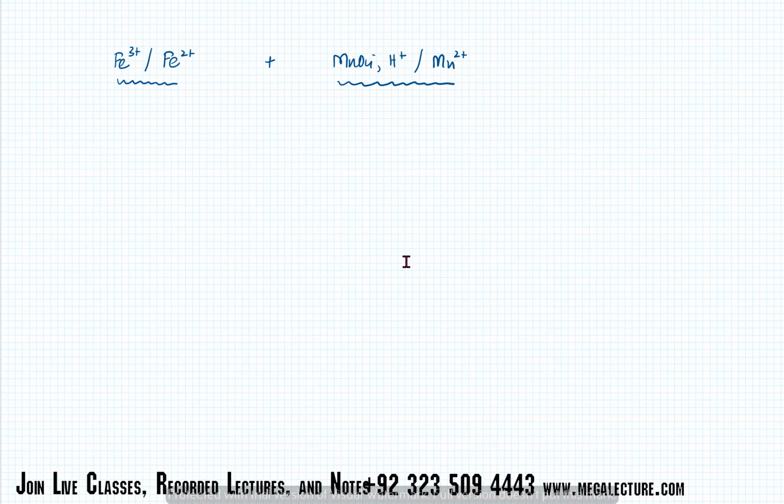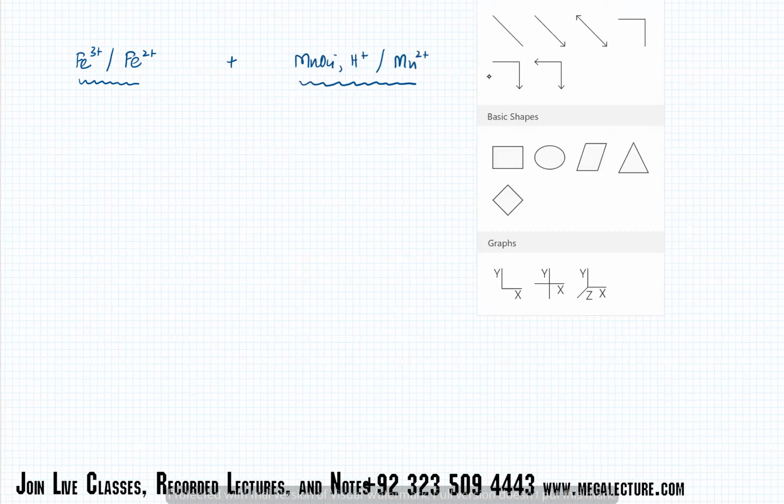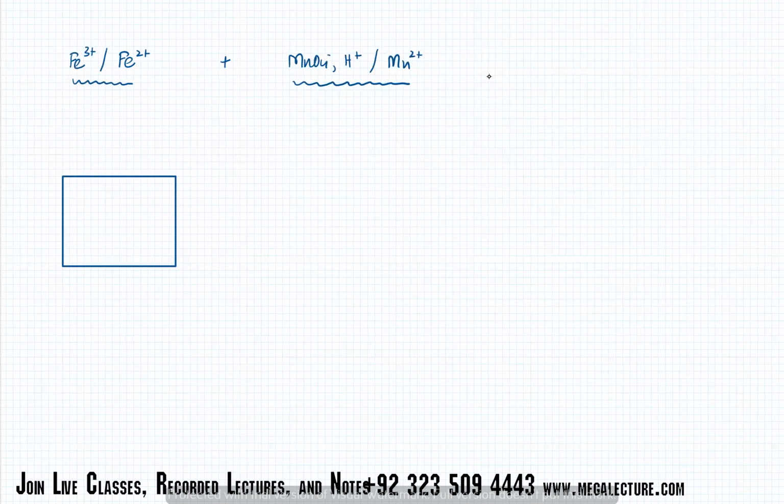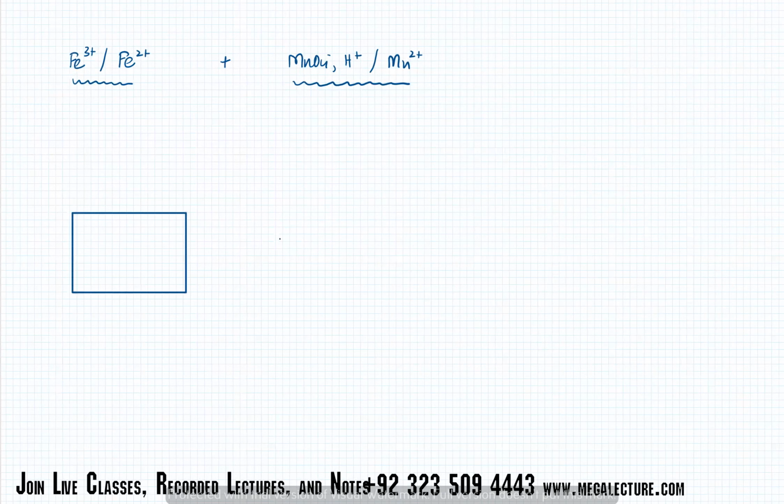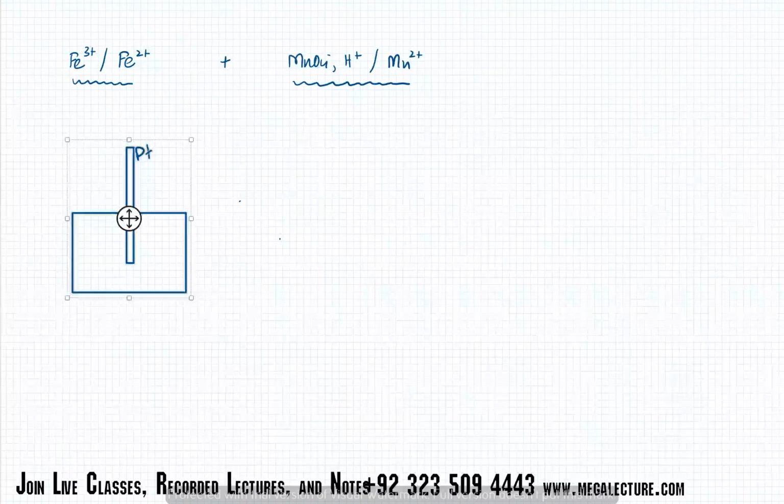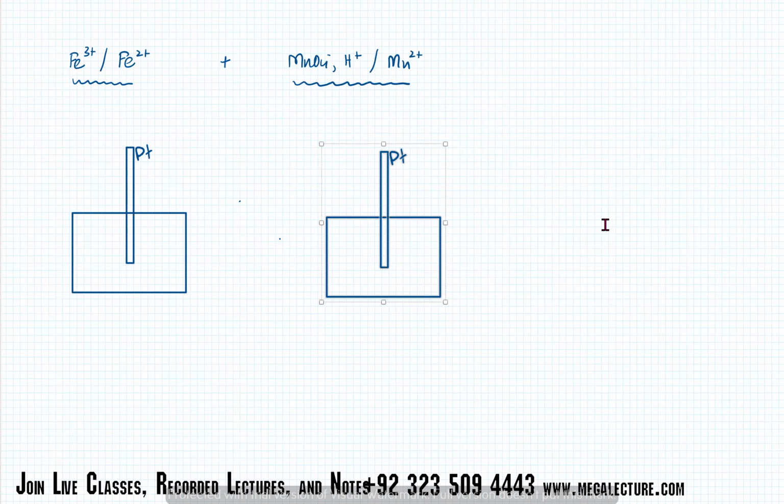Both electrodes are of the same type because they only have ions. So it's basically a solution that contains ions, and that solution will have a platinum electrode dipped into it. The other one is exactly the same.